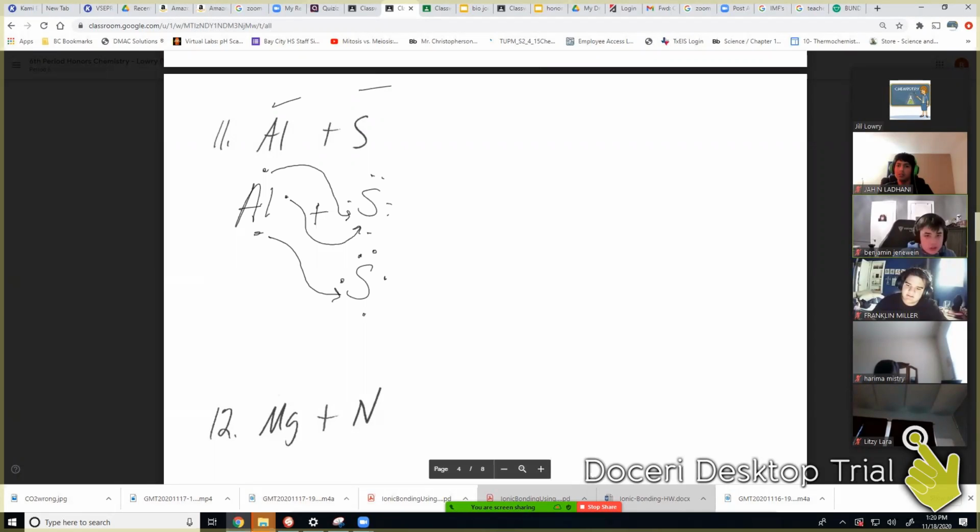But now I have this sulfur sitting here and it still needs 2 more electrons. So now what do I got to add? Aluminum. All right. I don't feel like I've done something. I'm missing something. I did 2 here. So here we're going to go 2.